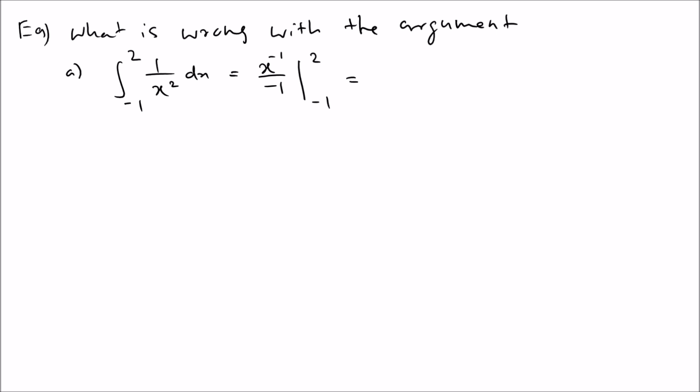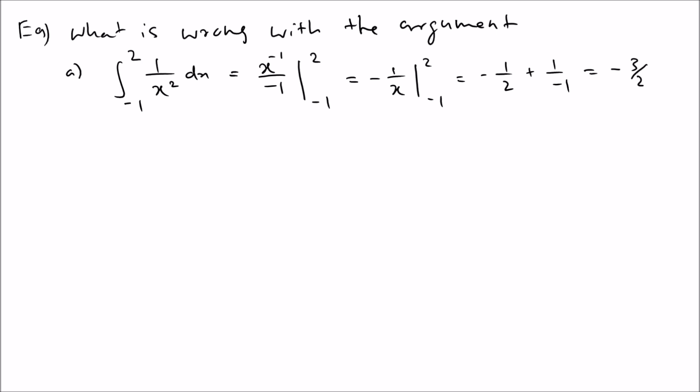So it is negative 1 over x evaluated at 2 and negative 1. If you do that, you get negative 1/2 for the first one, and then negative, negative, positive, and put negative 1 again. So you're going to get negative 3/2.